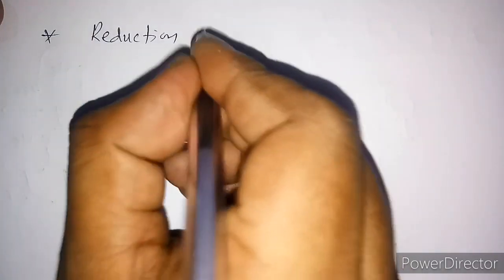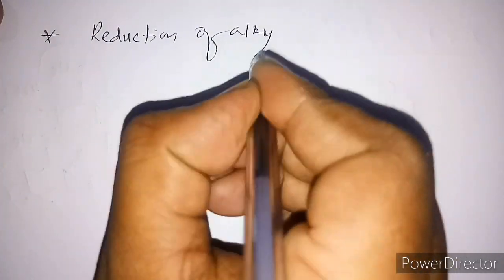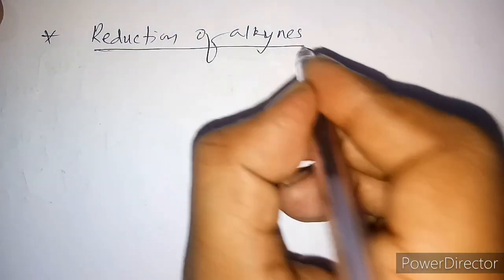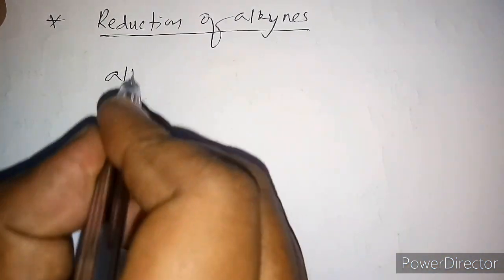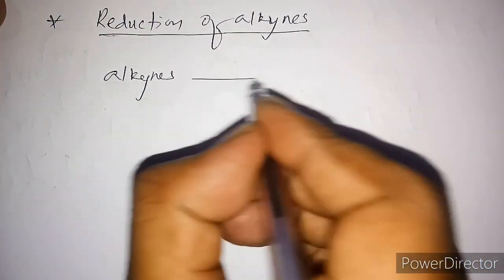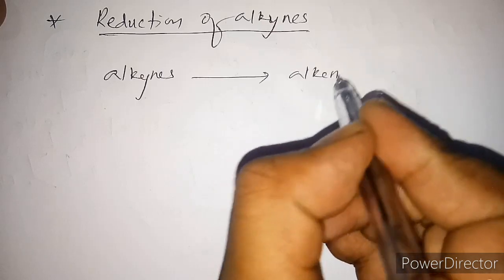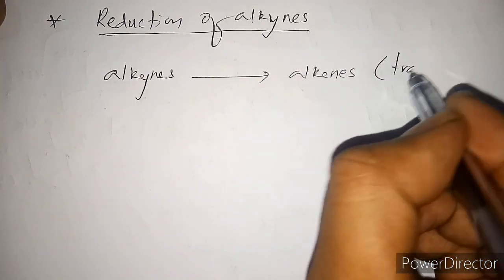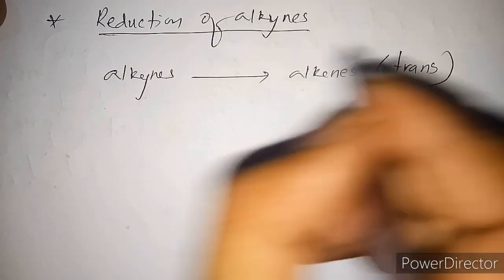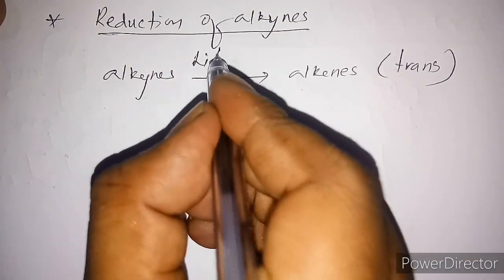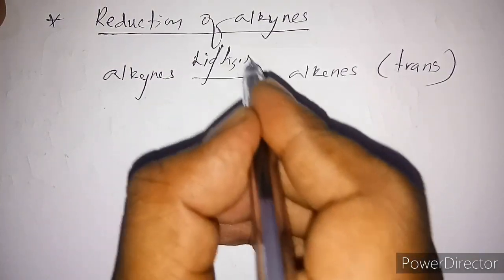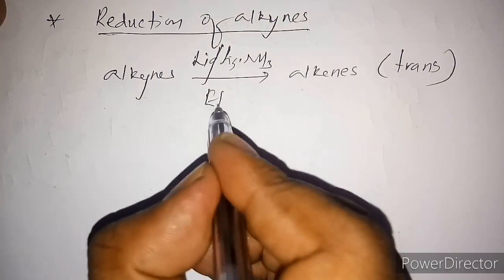So another with respect to Birch reduction is the reduction of alkynes. Alkynes are reduced to alkenes. The stereochemistry is exclusively trans. So lithium, liquid ammonia, ethanol.